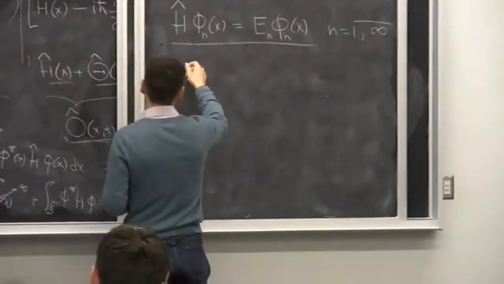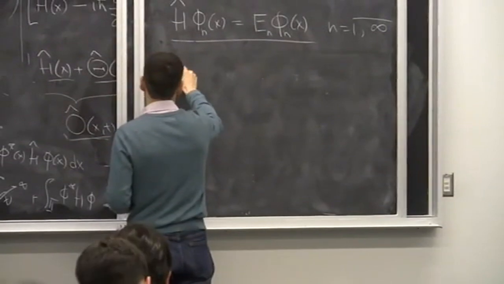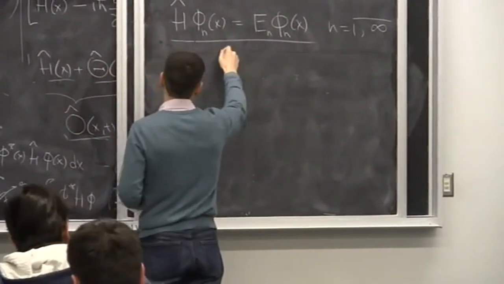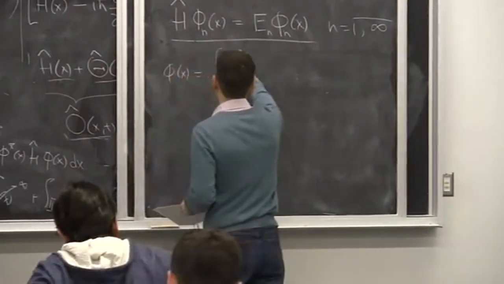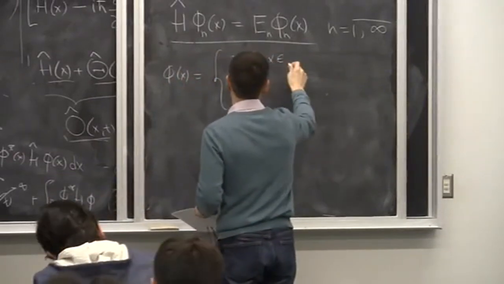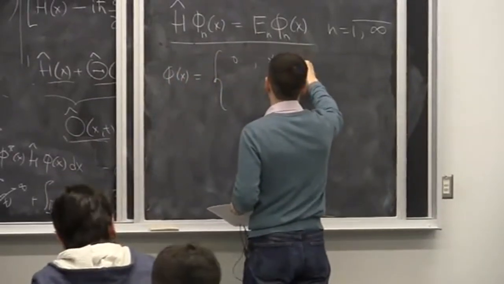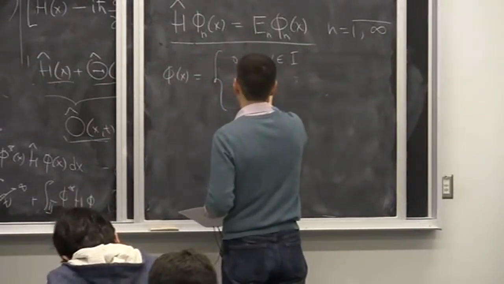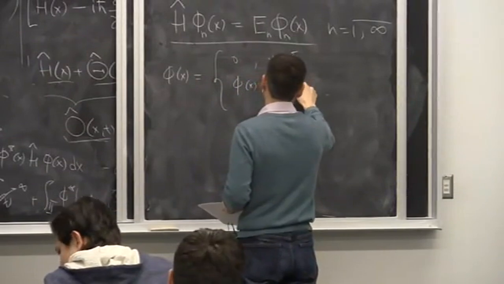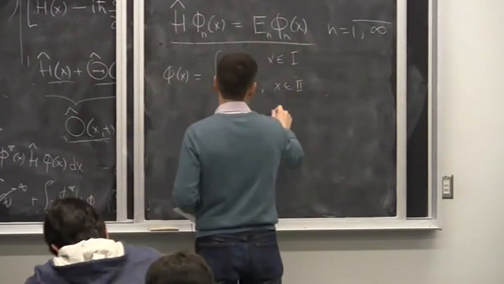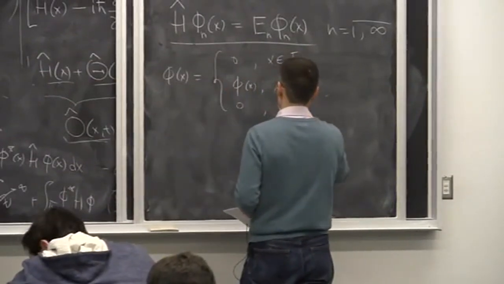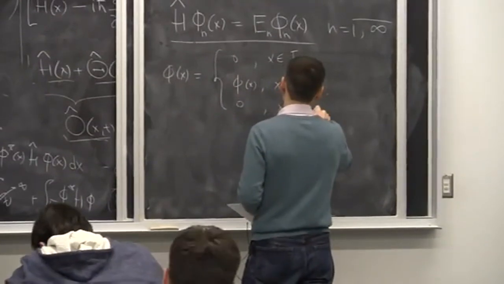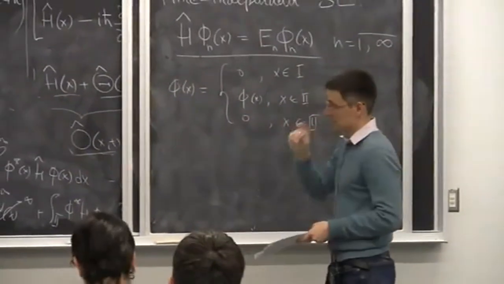And our function will be zero if x is within the first region, something for x in the second region, and 0 when x is in the third region, right? That's what we established.